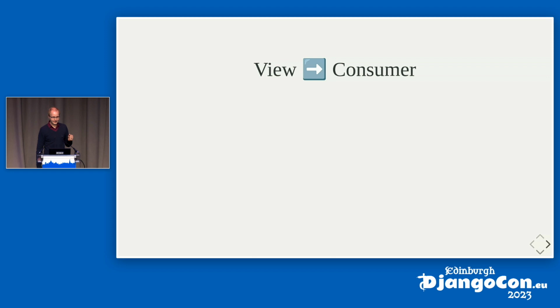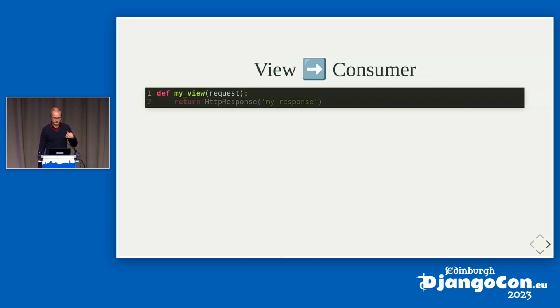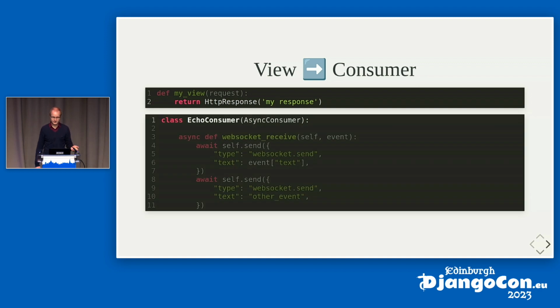On the code level, where we're actually writing our code, we're moving from views to consumers. So where we have a Django view that takes a request and returns a response, we now have a consumer, which is a class that handles different kinds of events.